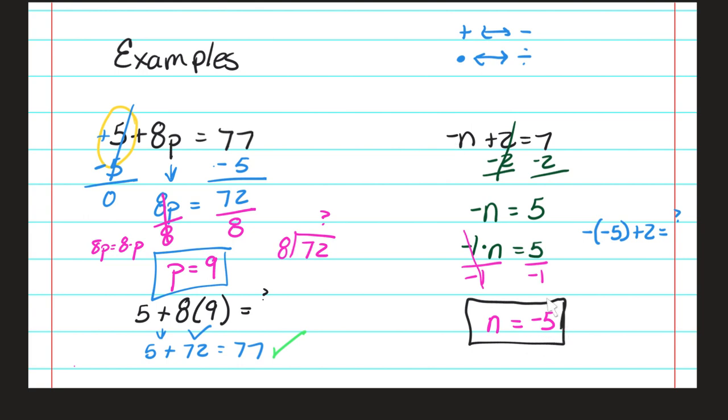But I said n is negative 5, so I have parentheses times parentheses. So what does this say? This says negative 1 times negative 5. Well, negative times a negative is going to give me a positive. So negative 1 times negative 5 gives me just 5. Bring the rest of the information down. 5 plus 2 equals 7. So that is indeed correct.